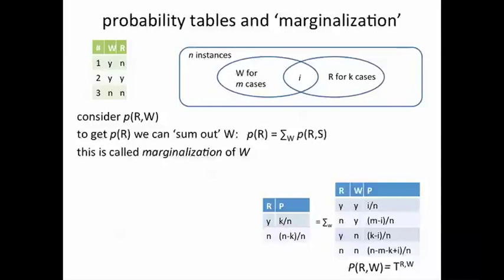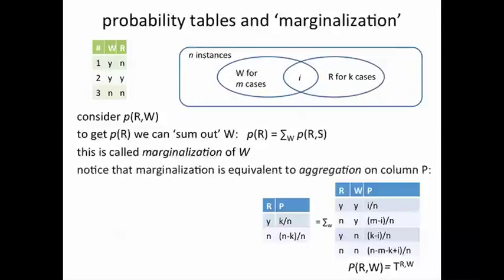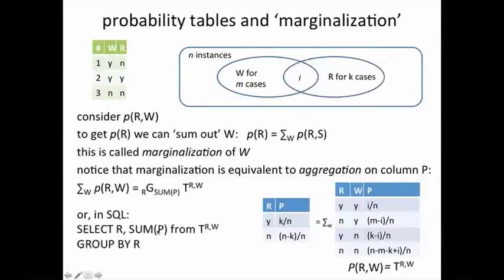Now notice that in the language of SQL, marginalization is equivalent to an aggregation on the column P. For example, in SQL, one would write it as, if you think about this as a table, select R and the sum of P from this table, group by R. That means wherever there is an equal R, you keep a separate row in the result, but add them all up.